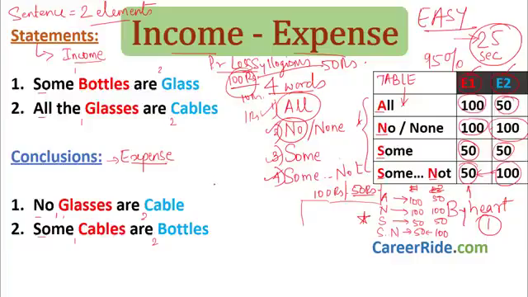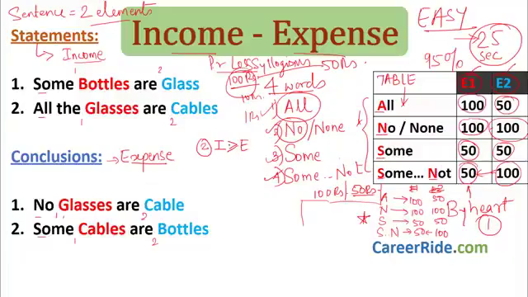Now the second and most important rule is that income should always be greater than or equal to the expense. Please remember this. You cannot earn 50 rupees and spend 500 rupees. No. If you earn 50 rupees, you can spend 50 rupees or less than 50 rupees.